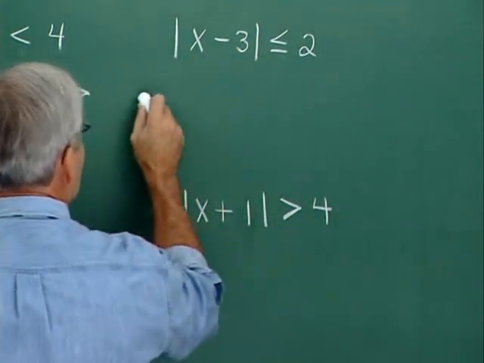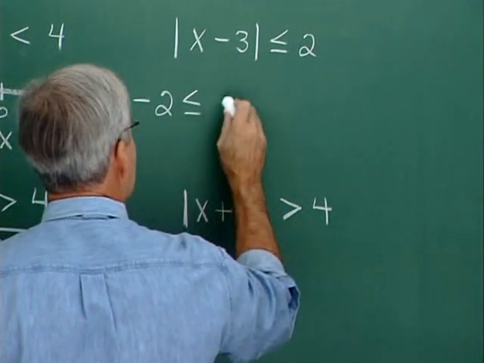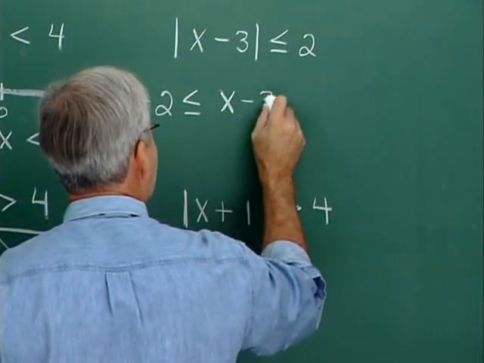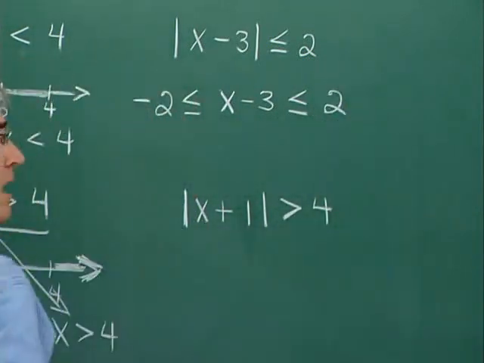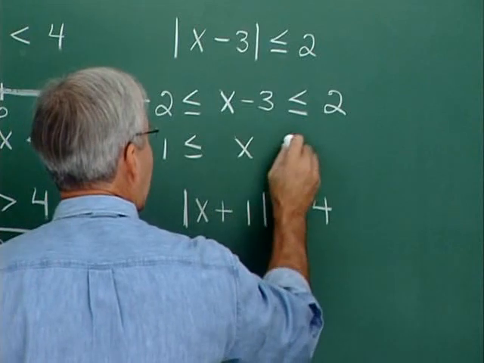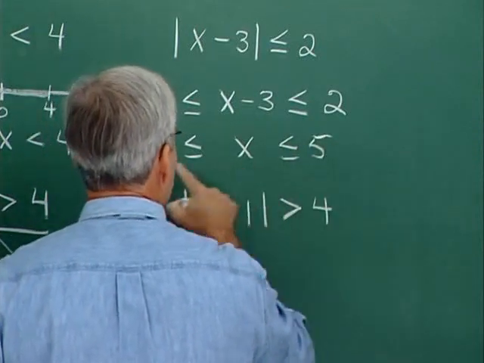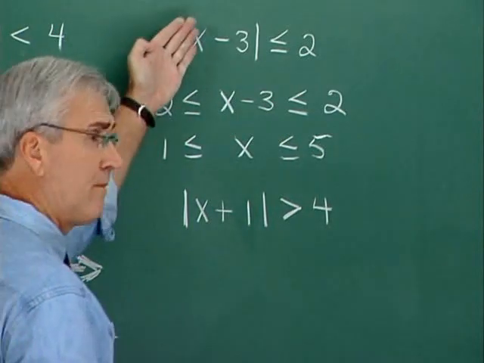Well, we just say that we go negative 2 is less than or equal to the number within absolute value, and that is less than or equal to 2. You see, and now we have a compound inequality which we can solve rather easily. Adding 3 in all parts, add 3 here, we get 1. Add 3 here, we get x. Add 3 here, we get 5. So x is between 1 and 5, including the endpoints, to make this true.